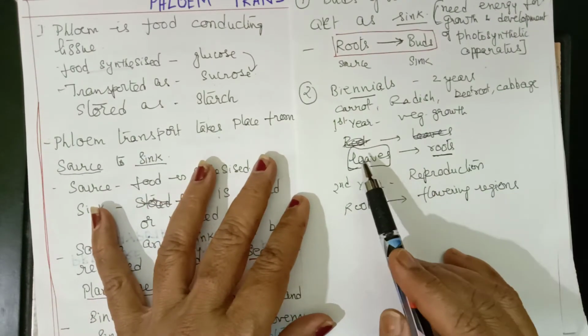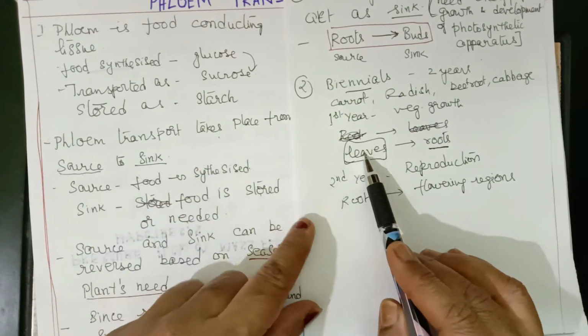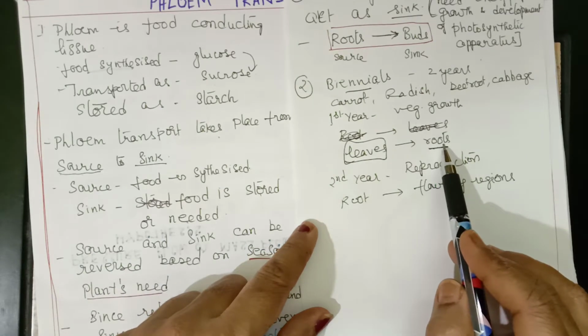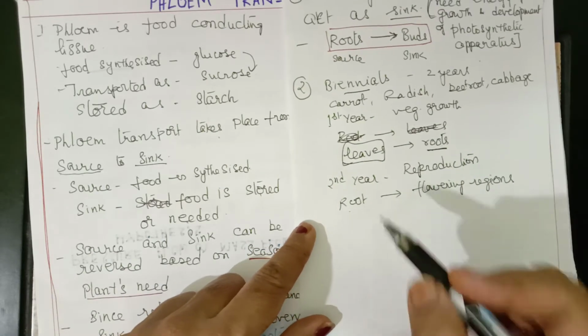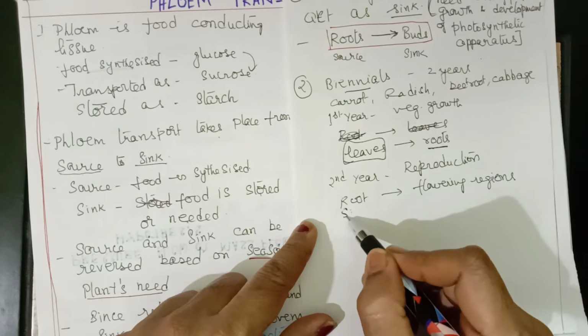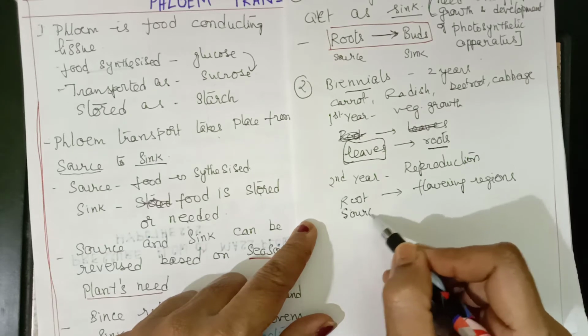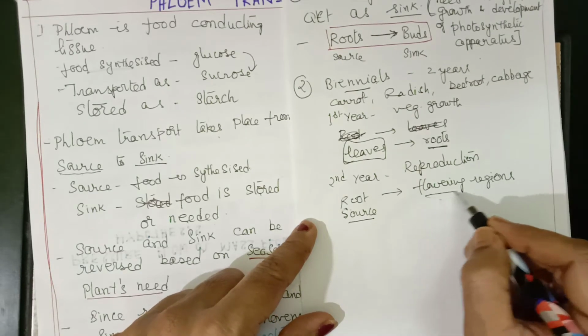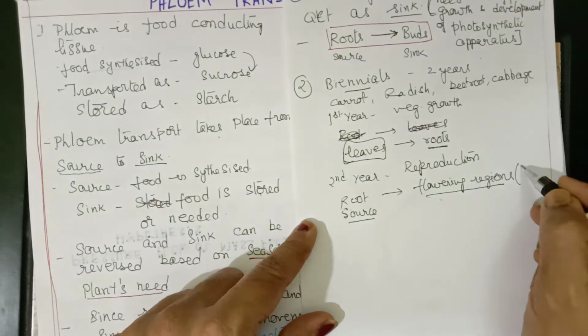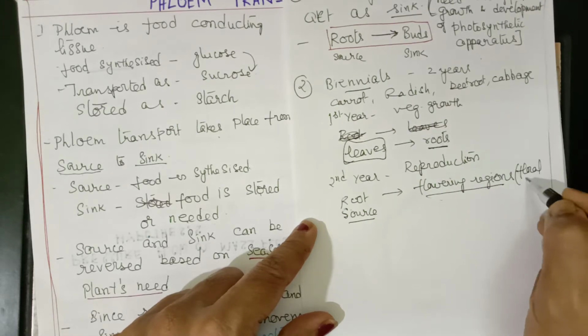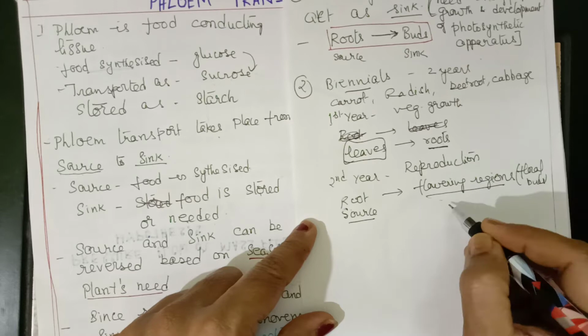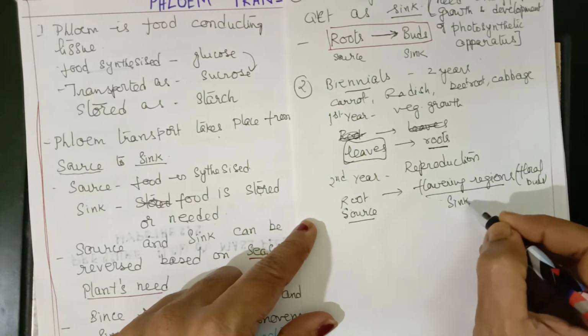So in the first year, we can see leaves are acting as source and roots as sink. In the second year, the roots become the source, and the flowering region, that is the floral buds, become the sink.